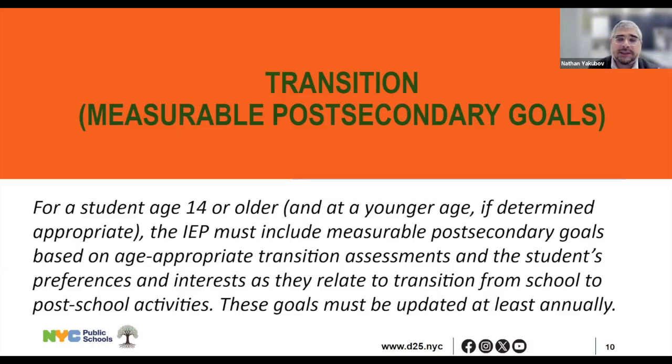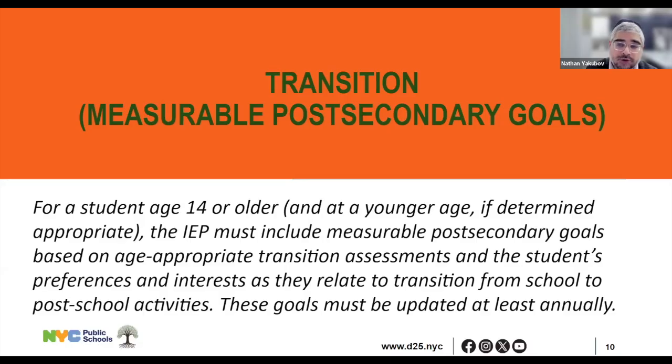So what we're looking for over here is specific goals based on the child's age and based on assessments that are appropriate for the child at that age, to see what kind of goals we want for them in terms of transitioning out of school, when they're going to be leaving and entering either higher education or employment.